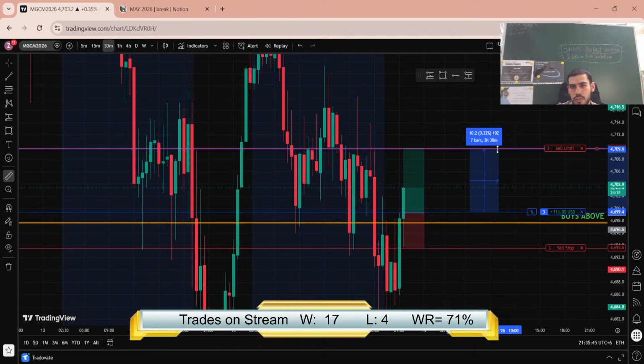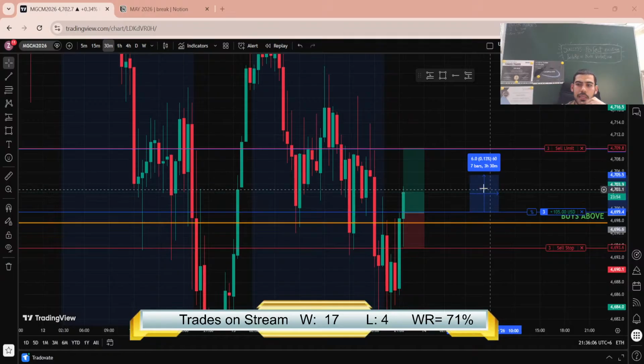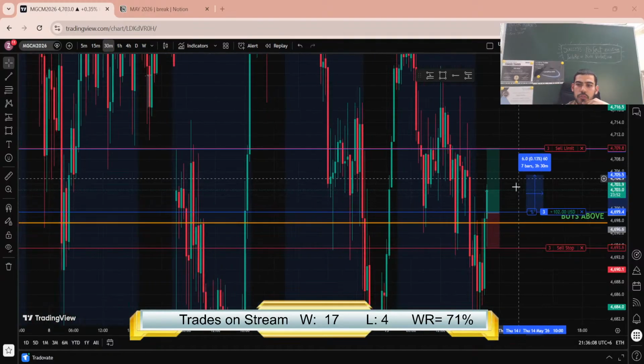But this is the most recent rejection area, so let's see how this will react. I should be a little bit patient because it's moving nicely. At least at 60 pips I think I'm going to move my stops to break even and let the rest run.